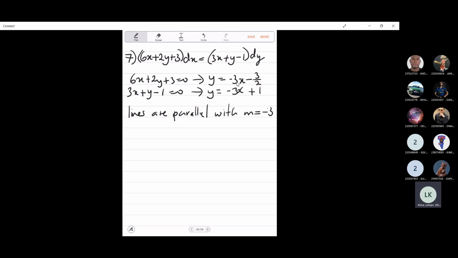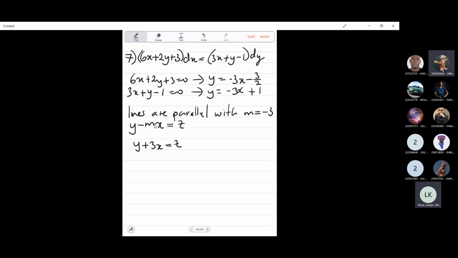Okay, so now that we have our m, we know the substitution y minus mx is equal to z. So this means that y minus negative 3, so it's minus negative 3x, is equal to z.